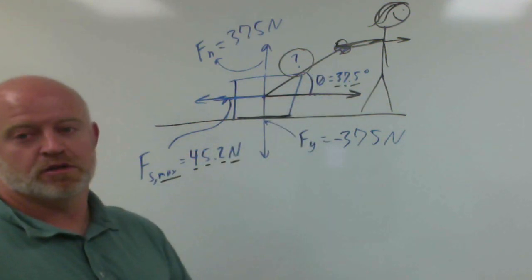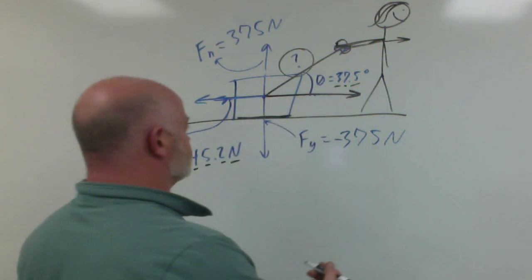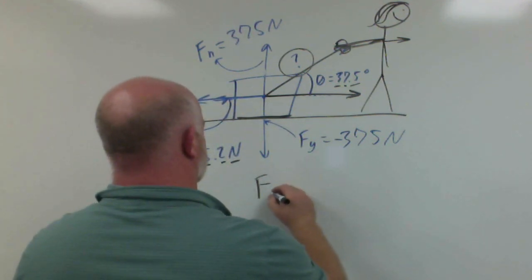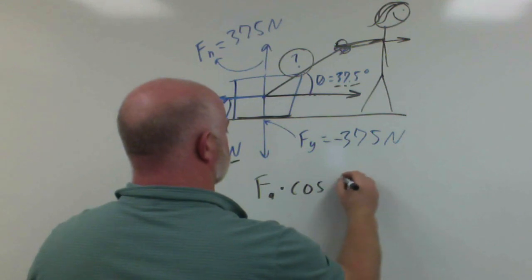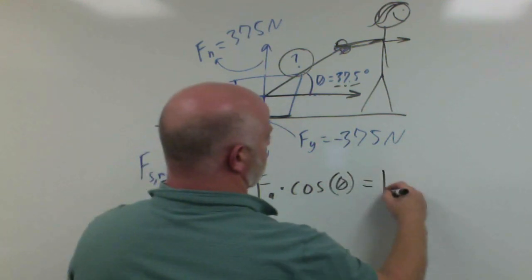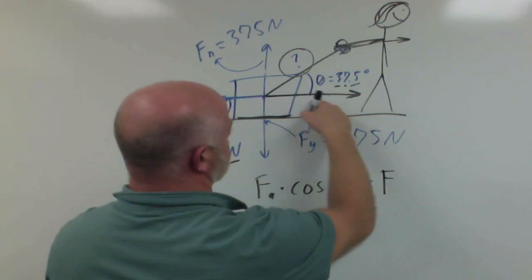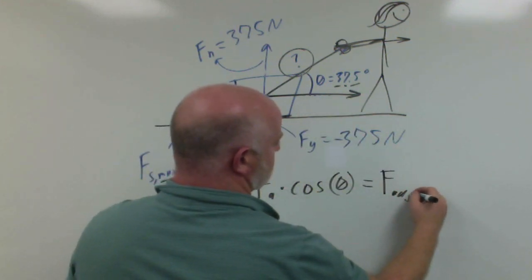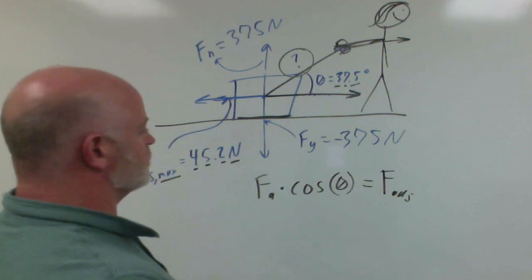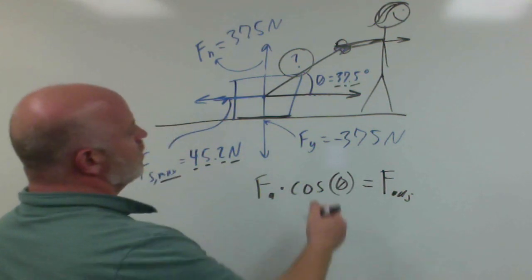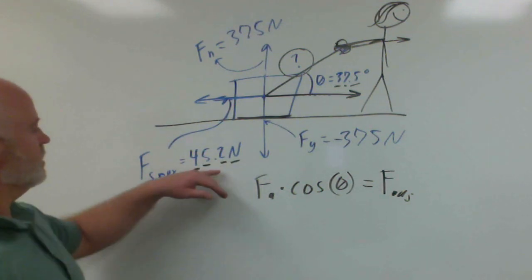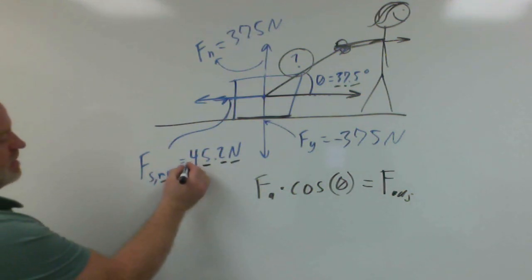So I'm going to take my applied force times the cosine of theta. That will equal my force that is adjacent here. We know that friction is pulling back, so I'm going to make this a negative sign.